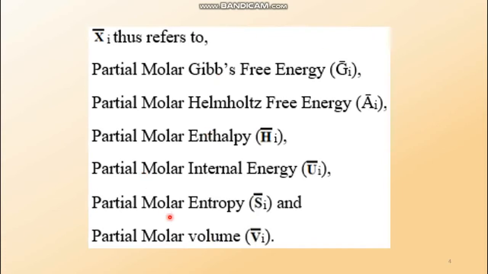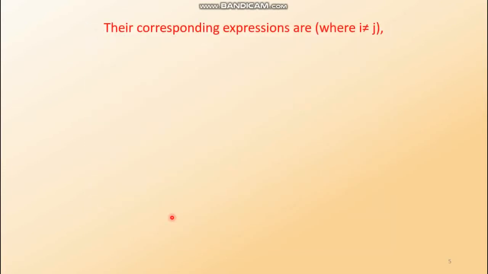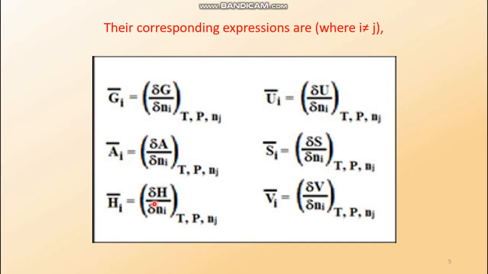So we have 6 partial molar properties or partial molal quantities, and their respective expressions are obtained just by inserting the corresponding thermodynamic function in the place of X. If it is G, it becomes Gi bar. If it is A, it becomes Ai bar, and so on. So we have overall 6 partial molar properties.